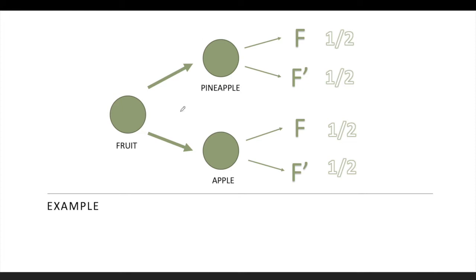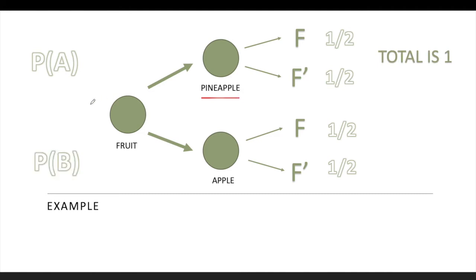Most importantly, the total probability of event A, which is for the pineapple, should equal 1. Also, the probability for event B, which is for apple, should equal 1.